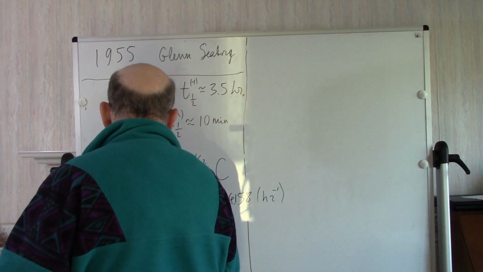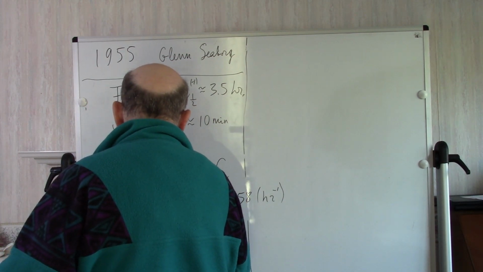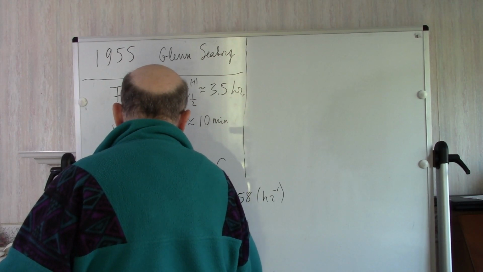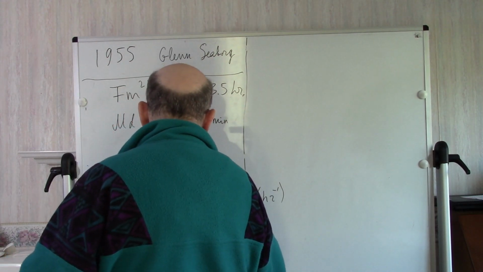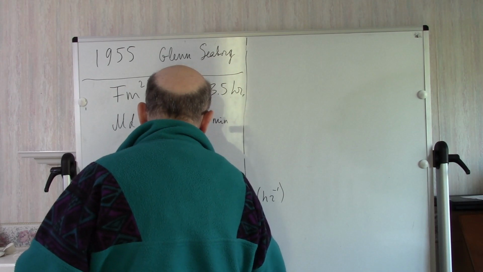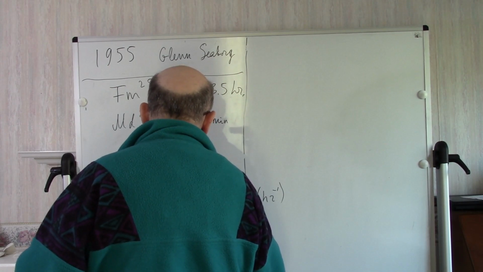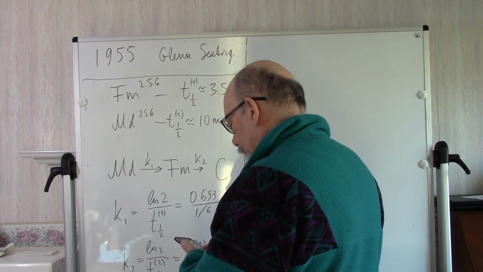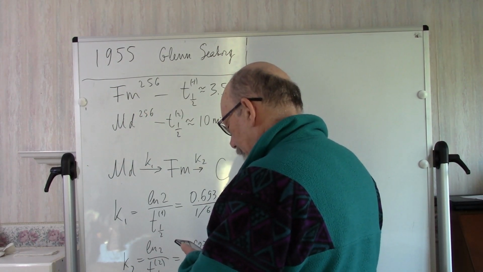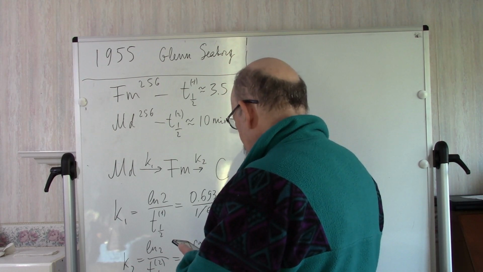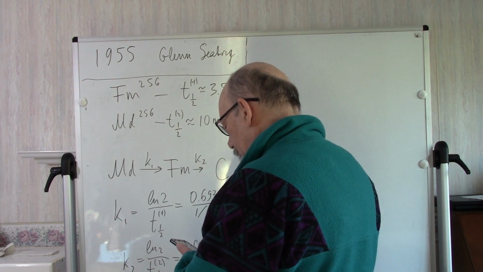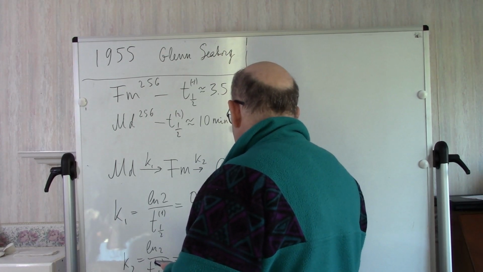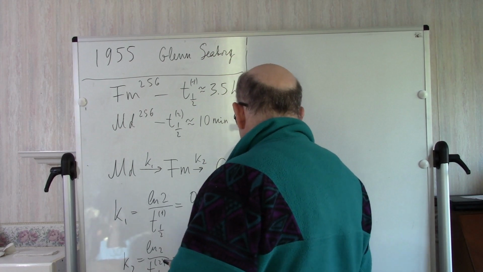K2 equals logarithm 2 divided by T1/2 of the second, which equals 0.693 divided by 3.5, which is 0.198 per hour.